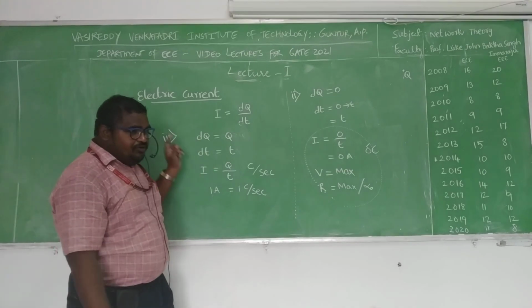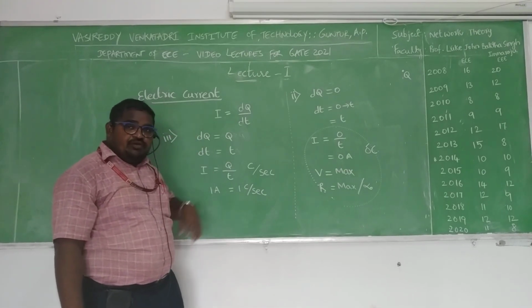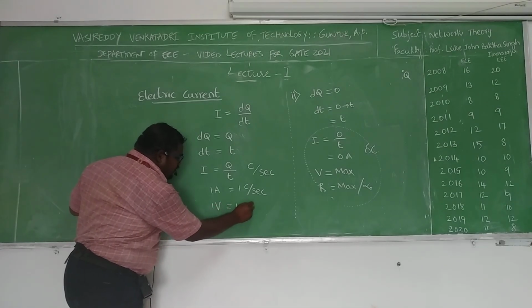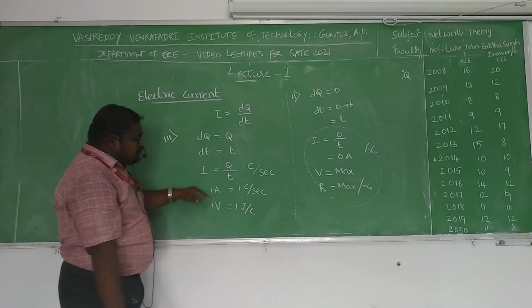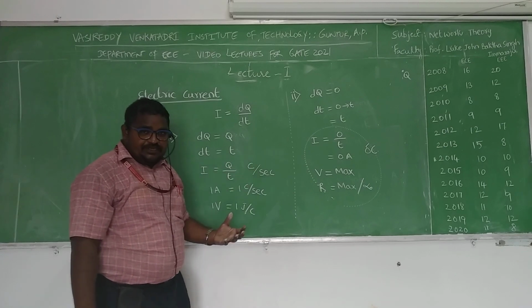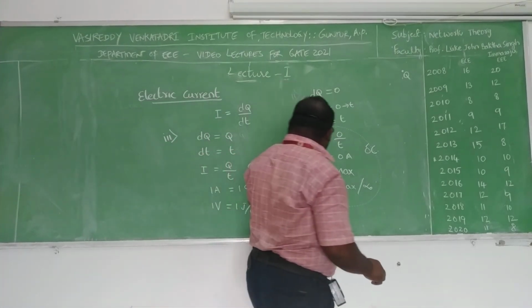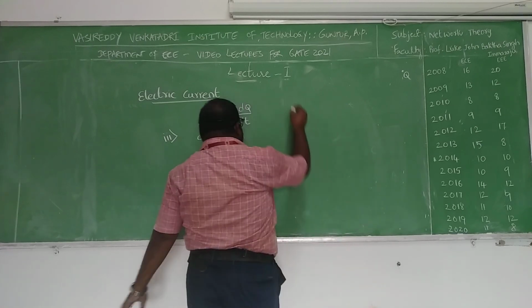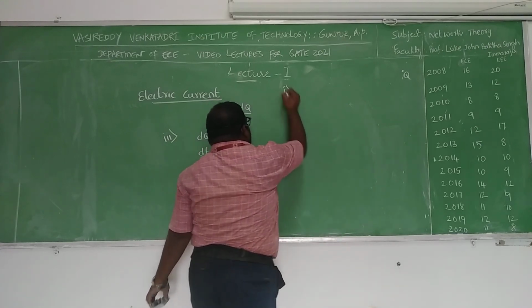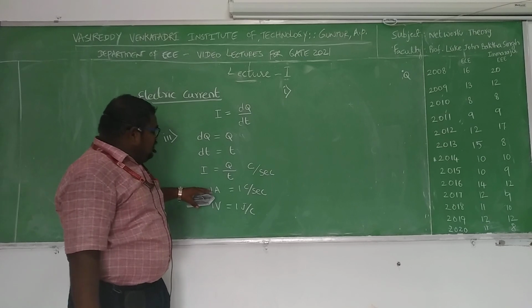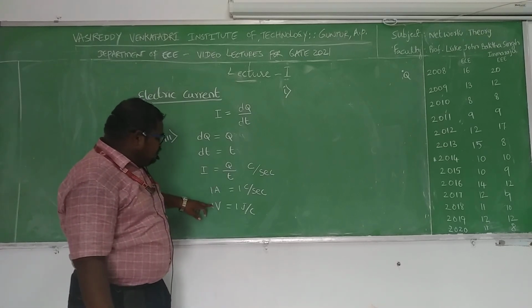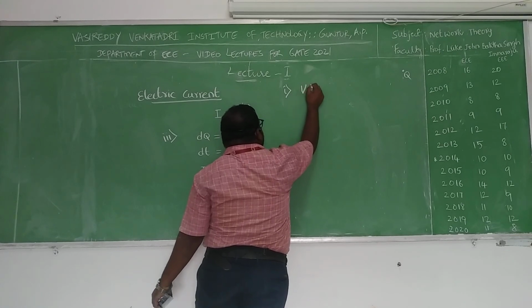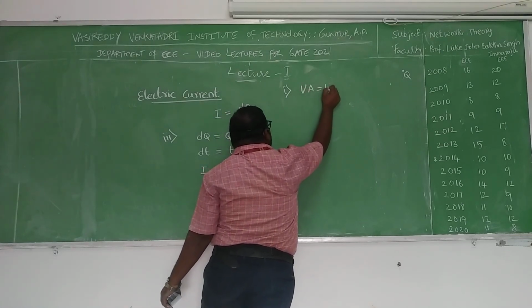Already we know 1 volt is equal to 1 joule per coulomb. From these two we can obtain some expressions. For example, if I multiply these two, volt into ampere, we know that volt into ampere is equal to watt.